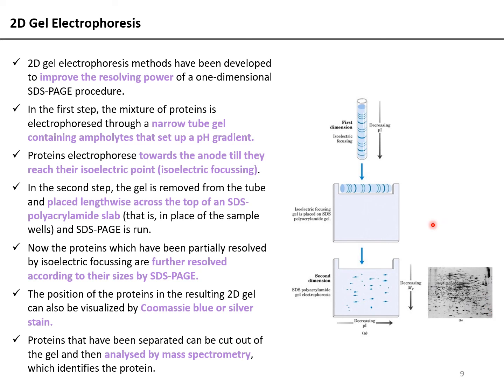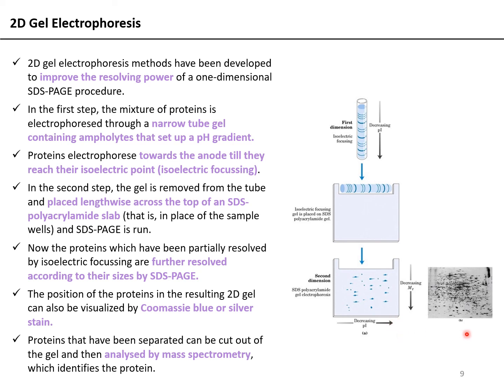One application could be, for instance, that in your protein sample you have two proteins which have the same molecular weight. You cannot separate them by simply doing an SDS-PAGE. But if these two proteins have different isoelectric points, then you can first separate them on the basis of their pI values, and then when you run an SDS-PAGE, you will separate them from one another.